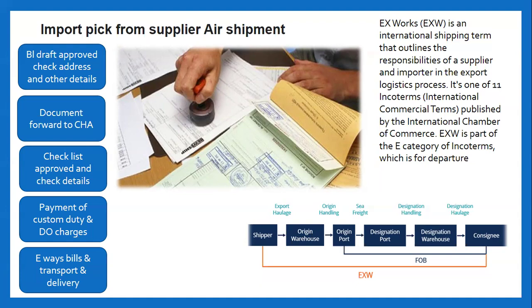When we have paid the customs duty and delivery charges, the shipment gets out of charge. Then we coordinate the e-way bill from the transporter to our plant, appoint the transporter, and the shipment is delivered to our factory.